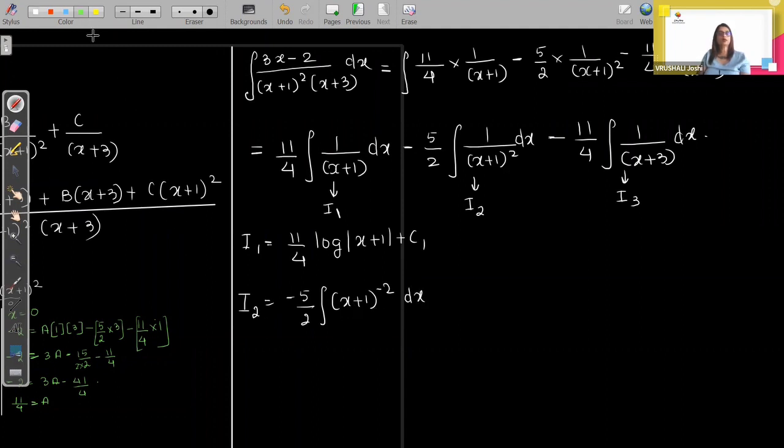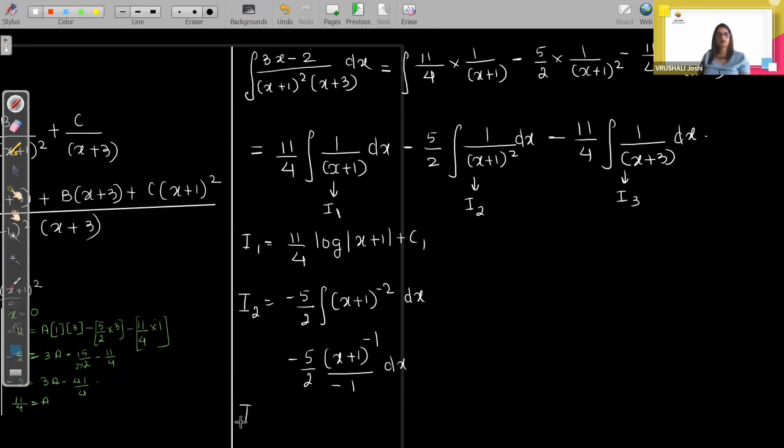So x raised to minus 2 मतलब x raised to n integration dx, this is equal to x raised to n plus 1 by n plus 1. ये बहुत बेसिक है, पहला यहाँ से चालू किया था, अब इतना तो आना ही पड़ेगा, इतना नहीं आया तो 12 की एग्जाम मत देना. Okay, so this minus 5 by 2 is going to be x plus 1 raised to minus 2 plus 1 will give you minus 1, and denominator also minus 2 plus 1, that will also give you minus 1 dx, correct?